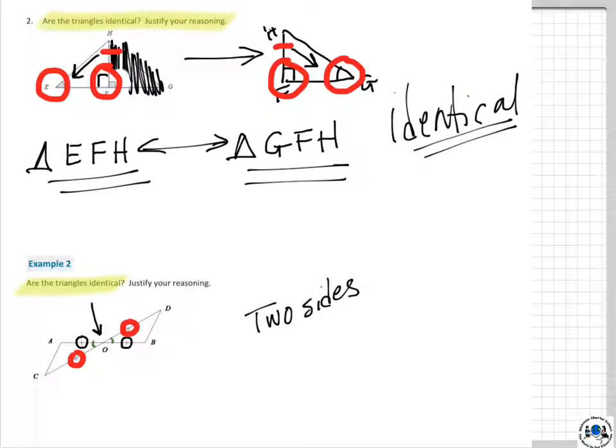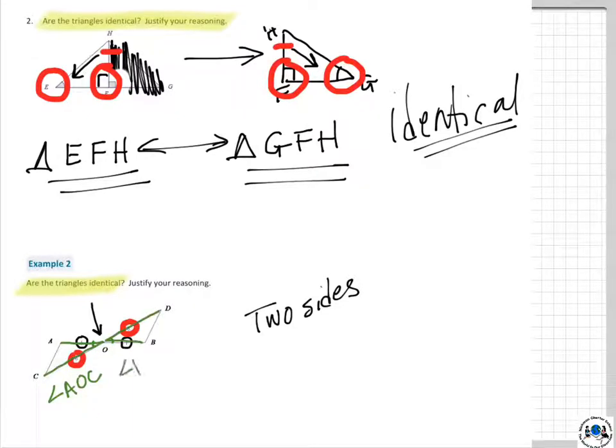And we are looking right there, and if you noticed where those two lines intersect, we have angle AOC, and then we have angle DOB.